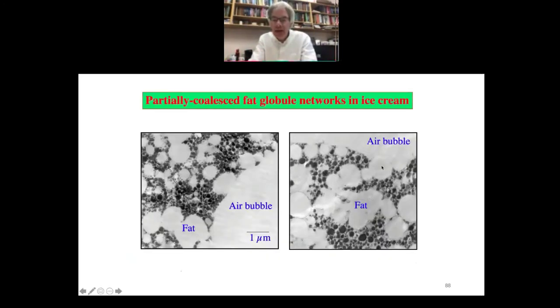So then in ice cream, this is an air bubble, and now you can see fat globules adsorbed along the surface of the air bubble to stabilize it. But you also can see these fat globule networks that are extending away from the air bubble that are going to lead to a strong network in the unfrozen phase around the air bubbles and around the fat globules.